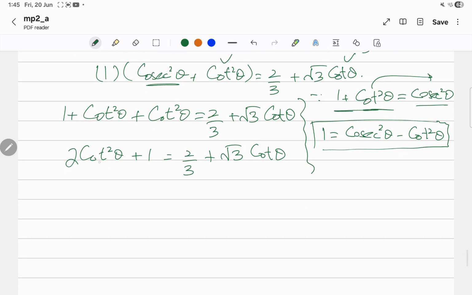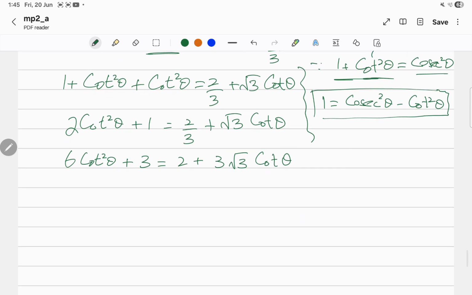Now if you times by 3 throughout to get rid of this fraction, it will be 3 times 2 is 6 cot square theta plus 3 equals 2 plus 3 root 3 cot theta.